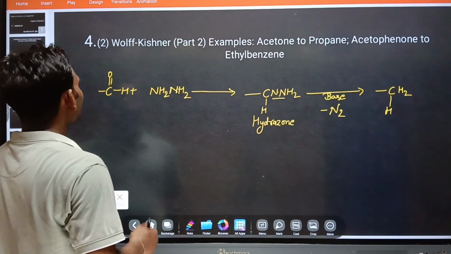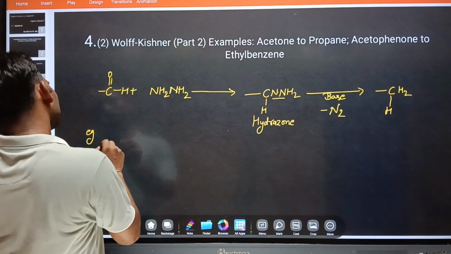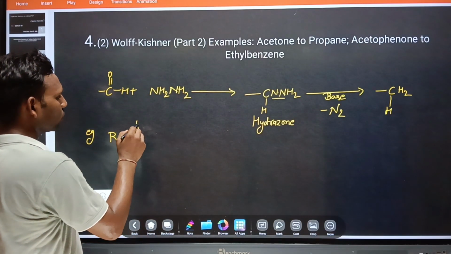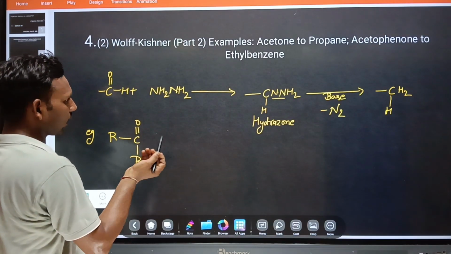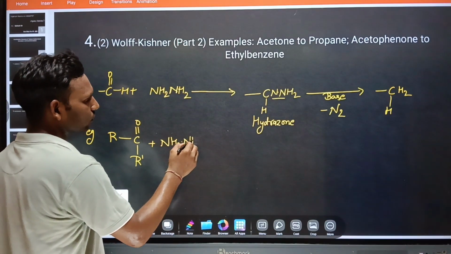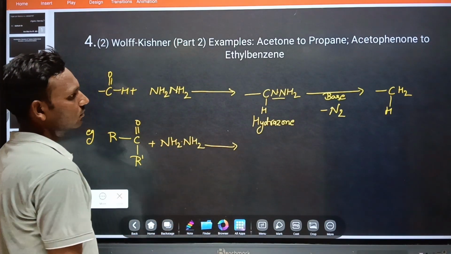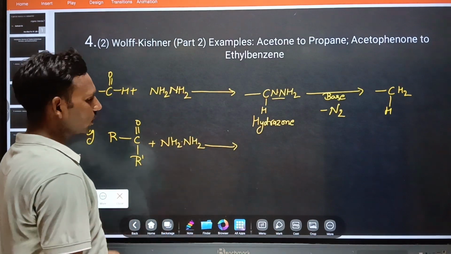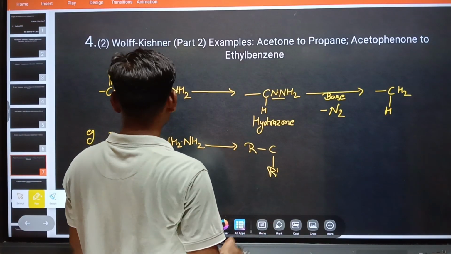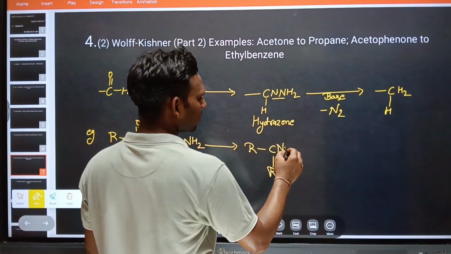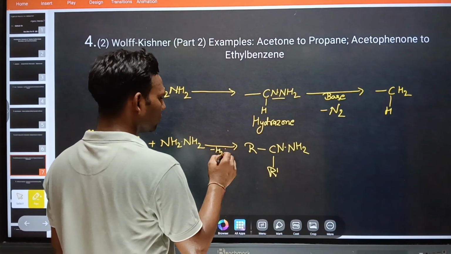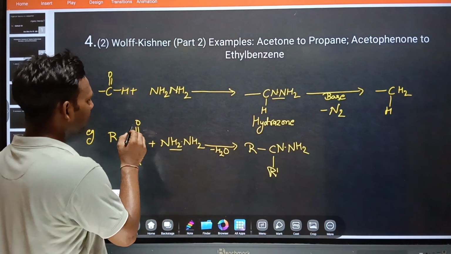Here for the example, if we take the ketone R C double bond O R dash plus NH2 NH2, then the hydrazone R C R dash with N NH2 forms. Here the water molecule H2O is removed, hydrogen and oxygen.